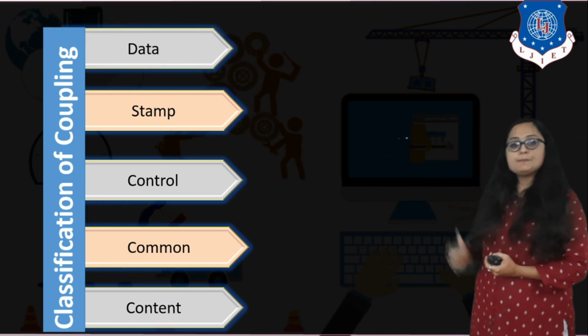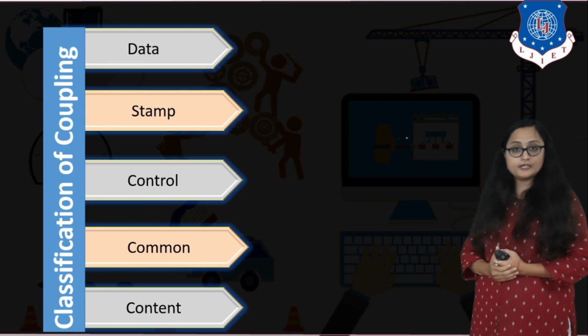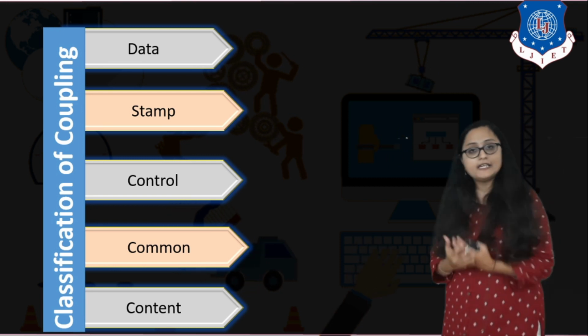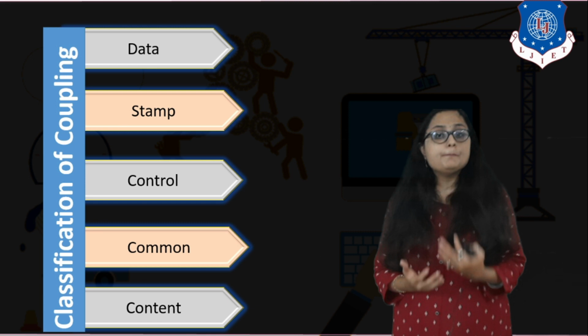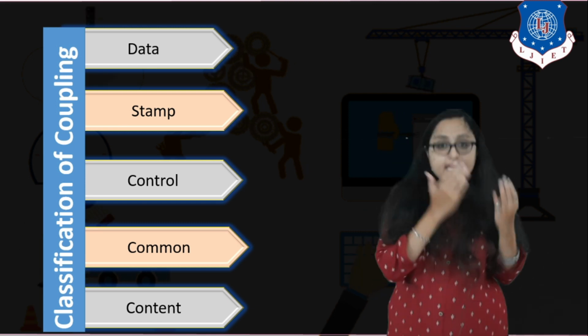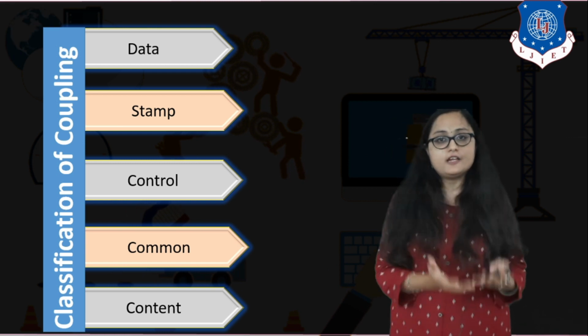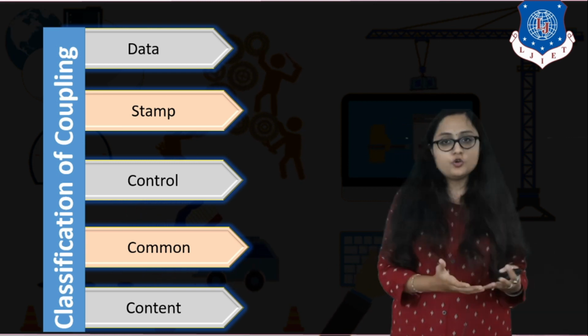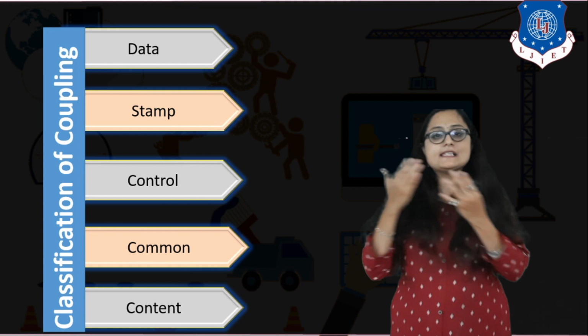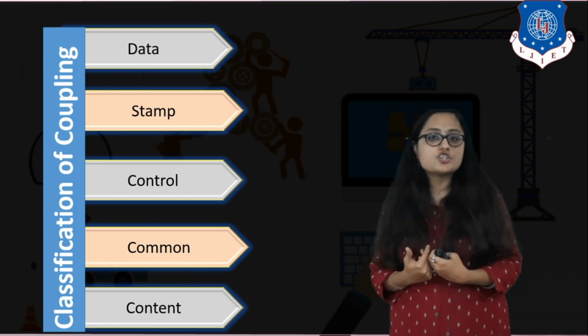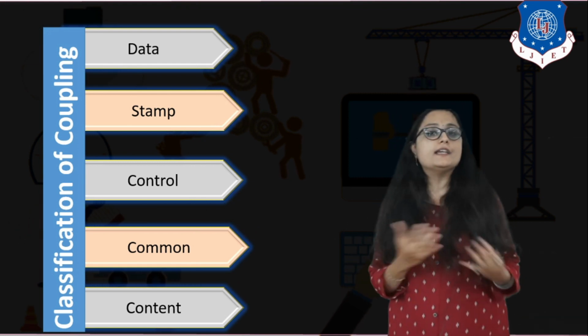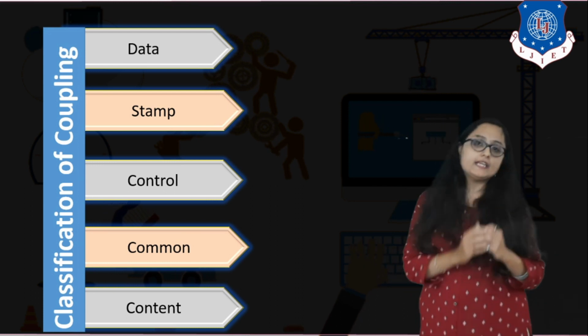And the last type of coupling is data coupling. Data coupling is a simple type of coupling in which you pass data from one module to another as an argument. For example, if you have declared an integer, float or character variable and you are passing it as an argument to another function, that sort of interdependency is known as data coupling.